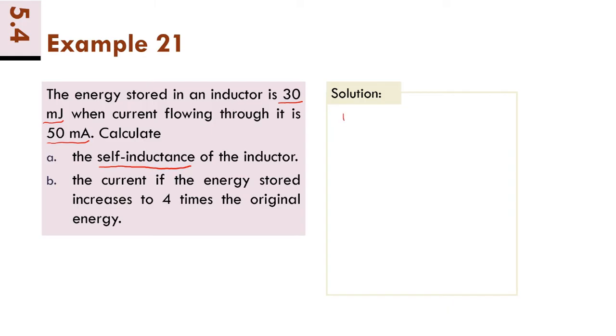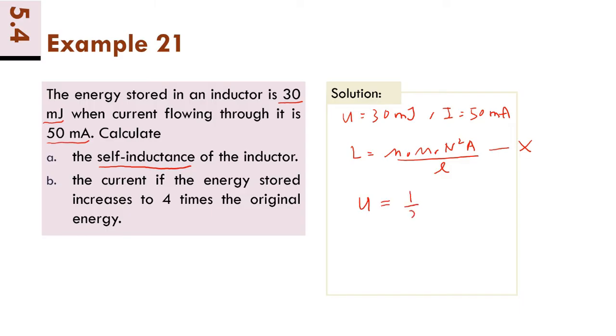So we have U 30 millijoule, and current 50 milliampere. For the self-inductance, we have the formula mu naught mu r n squared area divided by length. This formula is not suitable because we don't have any info about length and so on. So maybe we can use energy equals half L I squared.